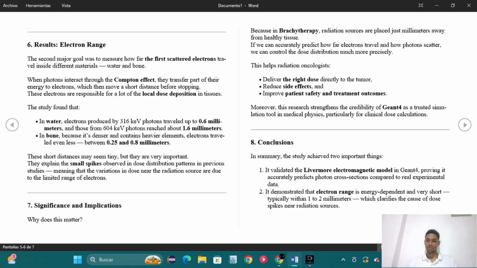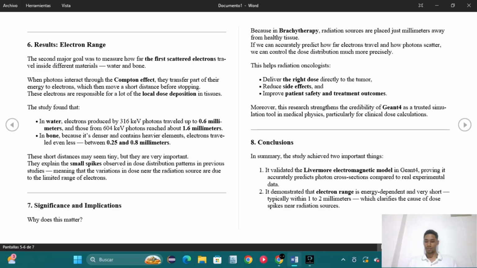Conclusions. In summary, the study achieved two important things. It validated the Livermore electromagnetic model in Geant4, proving it accurately predicts photon cross sections compared to real experimental data.